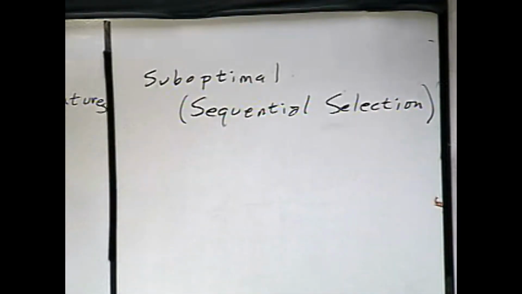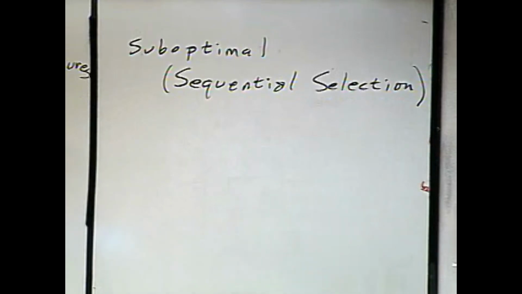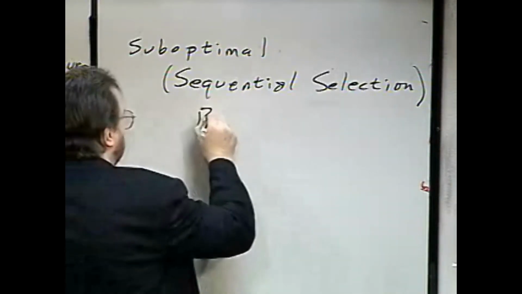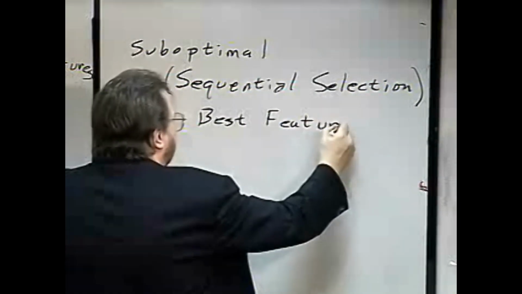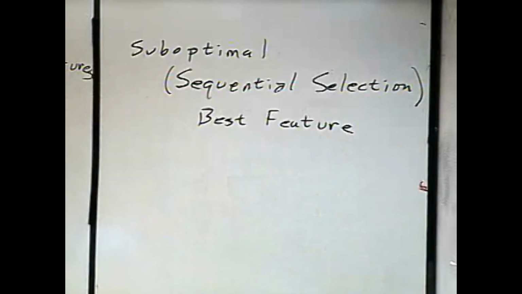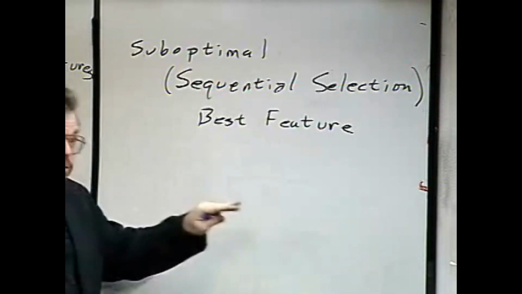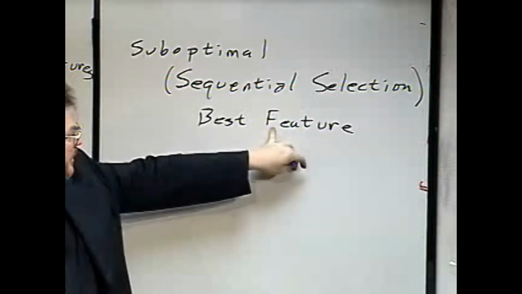Sequential selection says the first thing you do is you go through and you choose the best feature. That is the one by itself which gives you the highest accuracy of classification. Then you don't look for the second best feature, but you look for the best feature that plays best with the first feature.